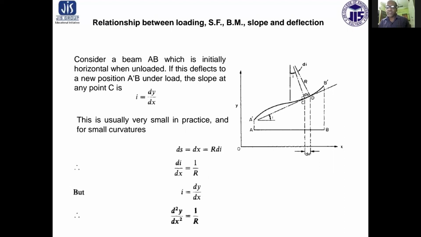This is usually very small in practice, and for small curvature we know that in the figure ds = dx = R dθ. So dθ/dx = 1/R, but again i = dy/dx, so we can arrive at a relationship that d²y/dx² = 1/R.